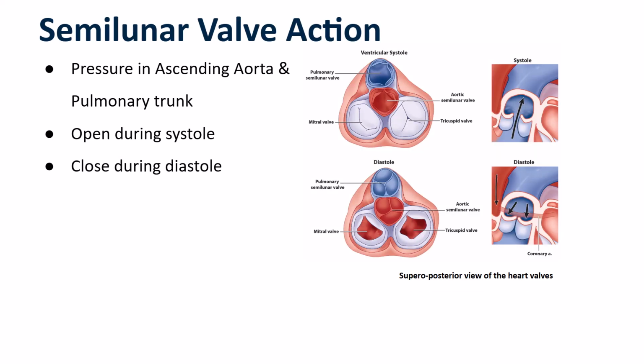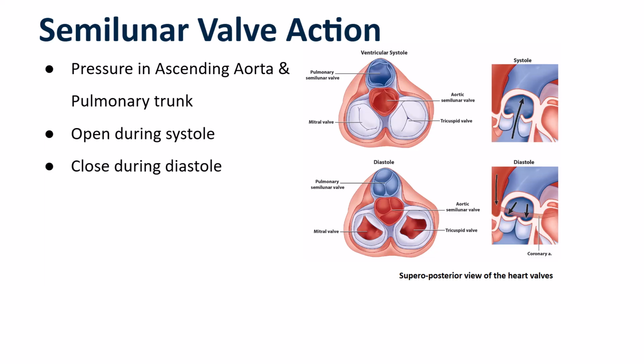Let's take a look at how these semilunar valves work. It's really all about increasing pressure in the ascending aorta and the pulmonary trunk. So as pressure increases after it's been expelled from the ventricles, there's going to be a differential. Greater pressure in those arteries, lower pressure in the ventricles.